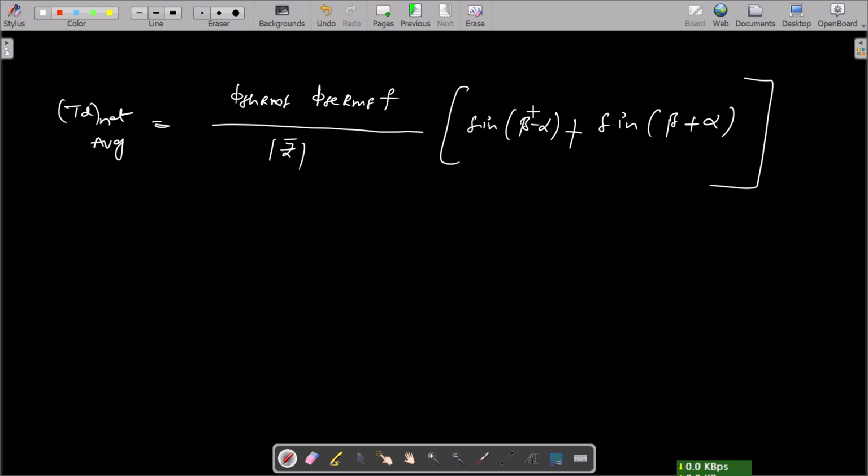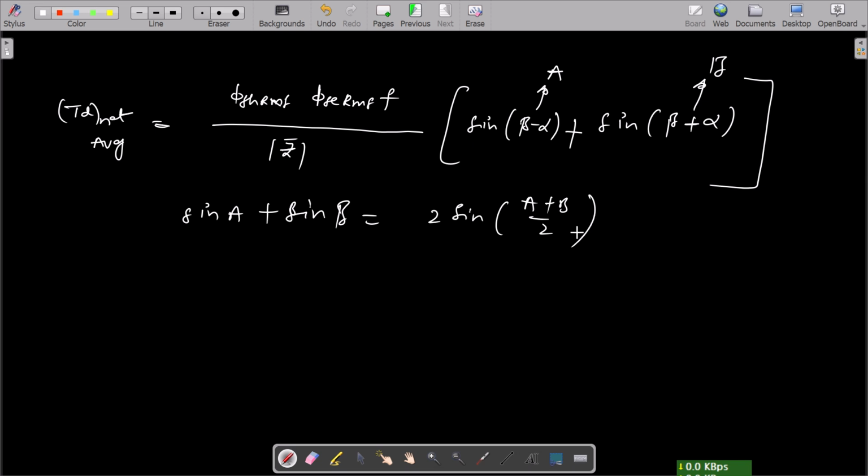Let us say this is capital A and this is capital B. Then sin A plus sin B will be equal to 2 sin of (A plus B) by 2 into sin of (A minus B) by 2.